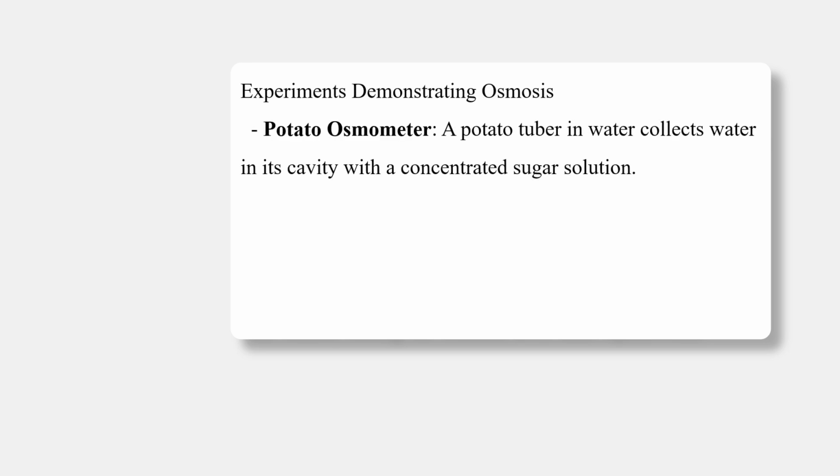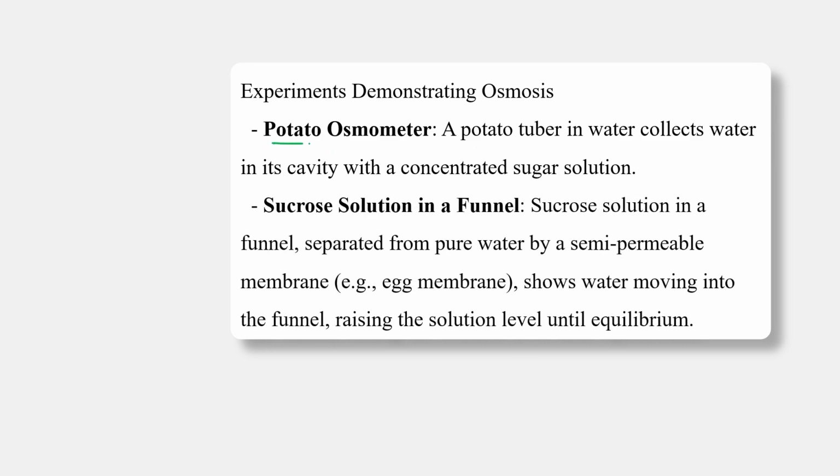Now let's discuss some experiments which demonstrate osmosis. First is the potato osmometer, in which a potato tuber in water collects water in its cavity with a concentrated sugar solution. Another one is sucrose solution in a funnel.